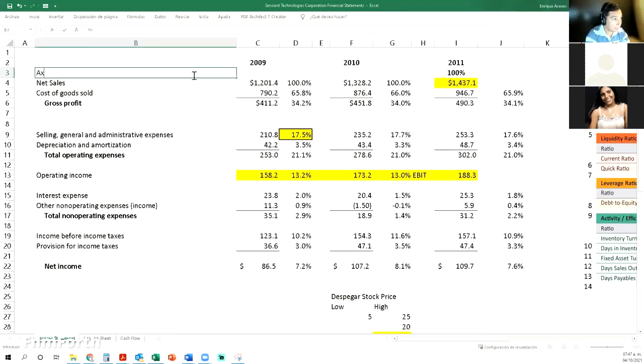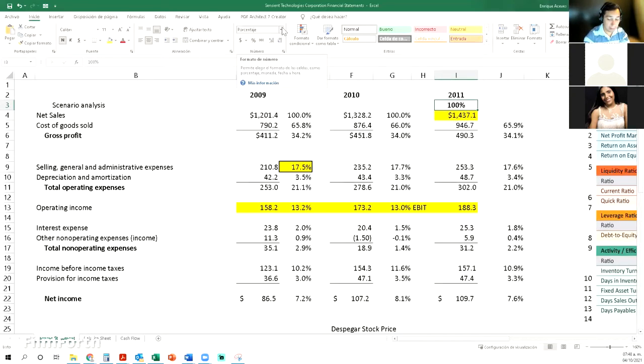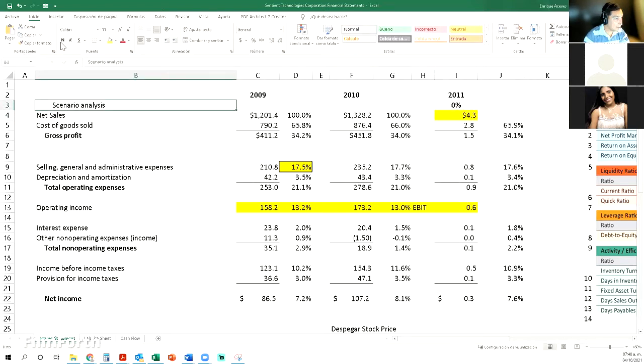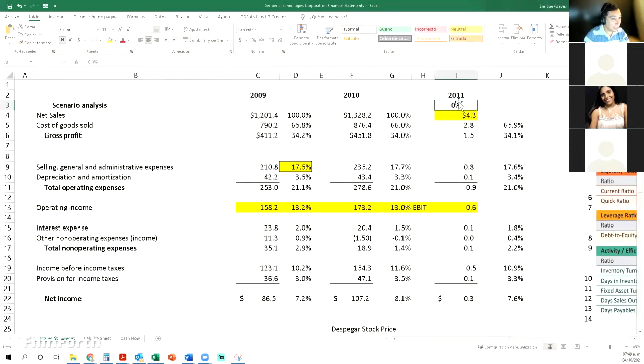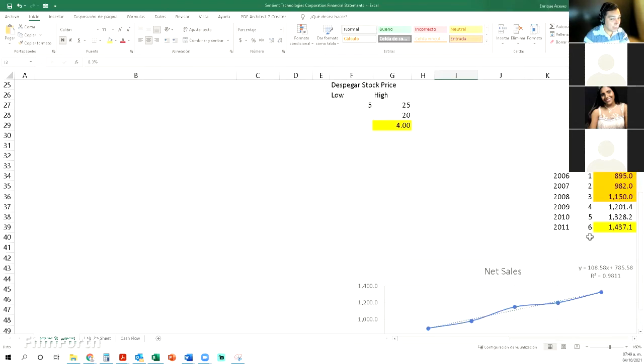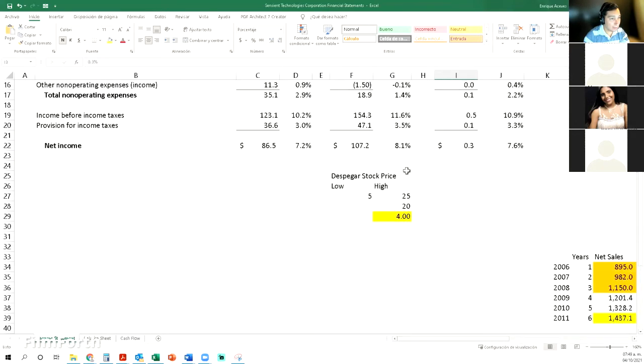You can modify this, as I'm doing it, in your Excel. I just added this, and what if I put in 50%? What am I doing? Scenario analysis.